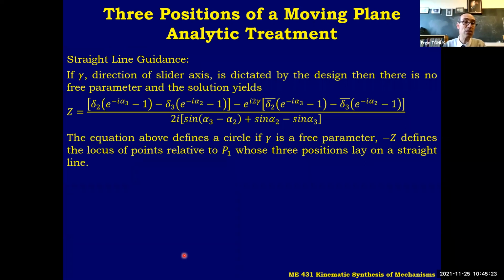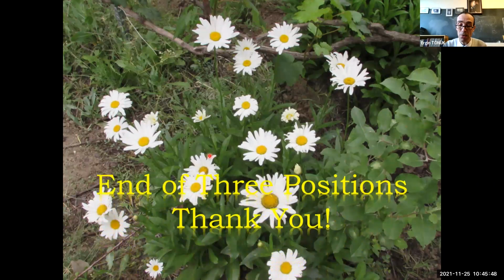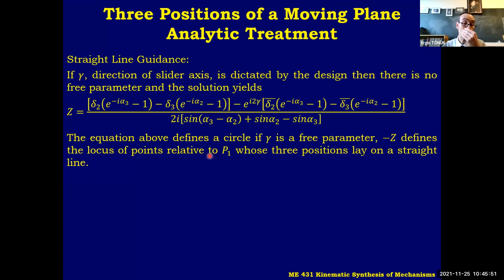If it's fixed, that is, for example, you want a horizontal slider where gamma is 0, or you want a slider that makes, I don't know, 30 degrees or 45 degrees or 90 degrees angle, then actually you can do a solution directly. Oops, I'm sorry, I just did something wrong. You can do a solution directly, which is this.